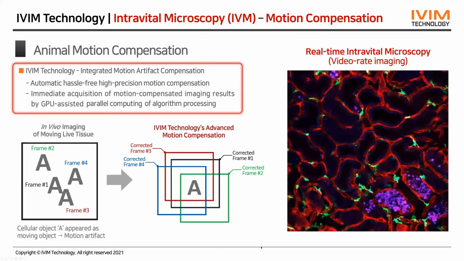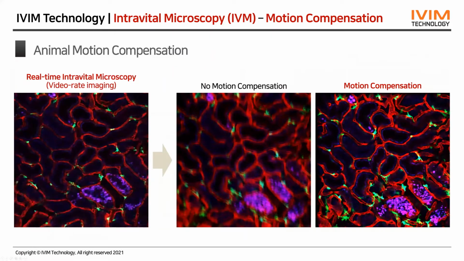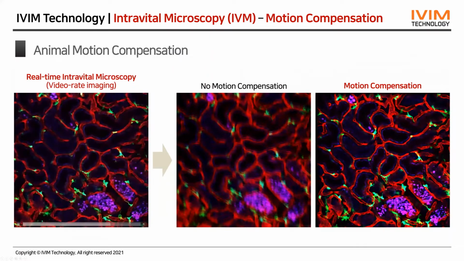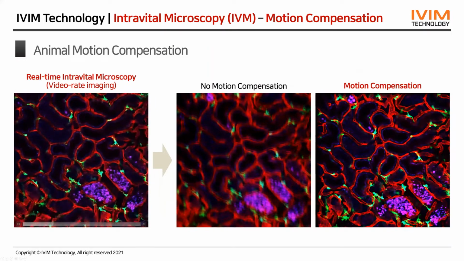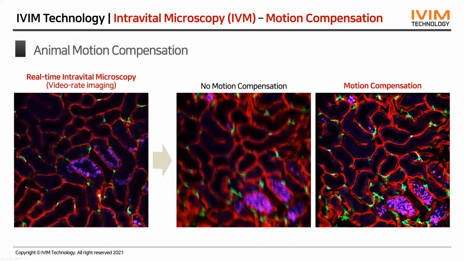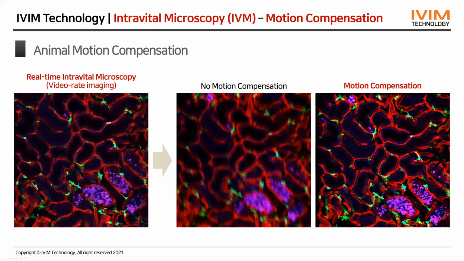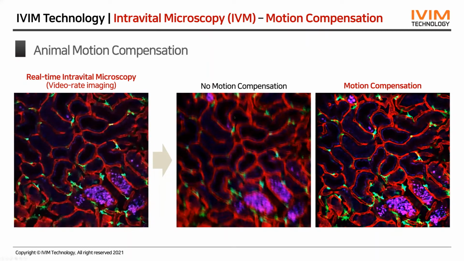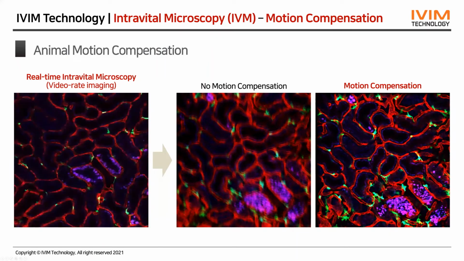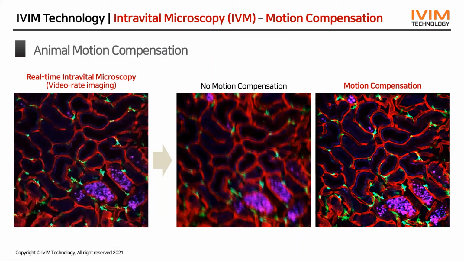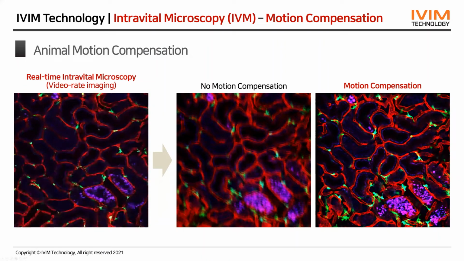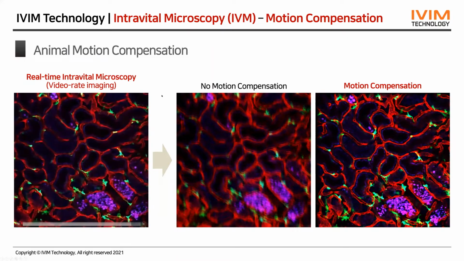As you can see in this example from this real-time video, the system can generate this motion compensated imaging by averaging the multiple frames. Without this motion compensation, and with slow imaging speed, you will always end up with blurred images from these fast-moving tissues due to motion artifact.